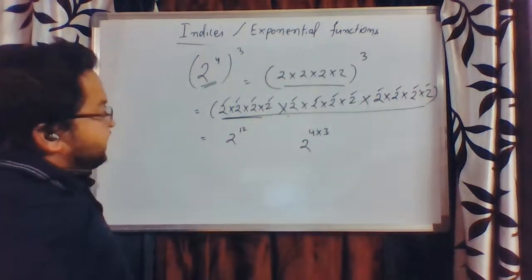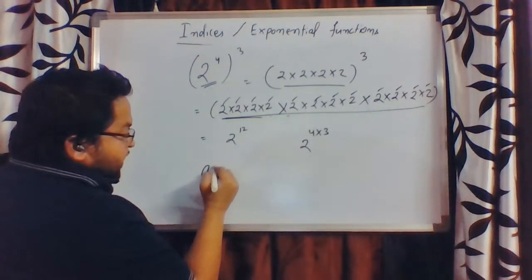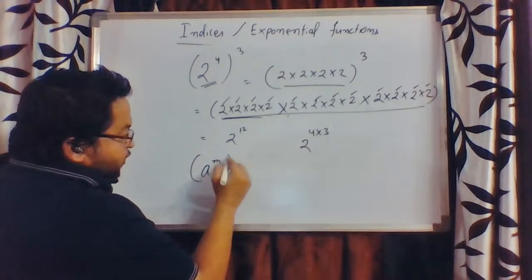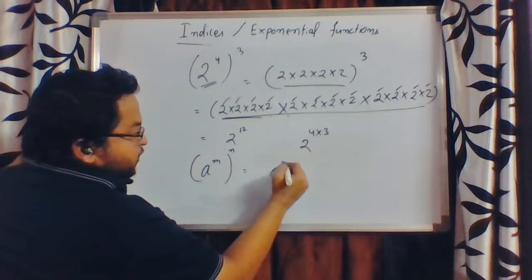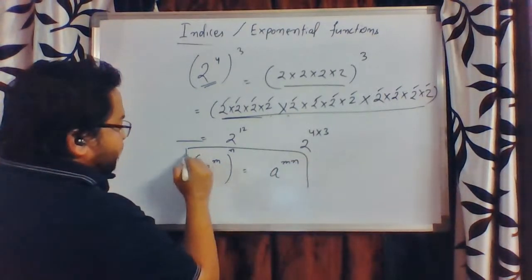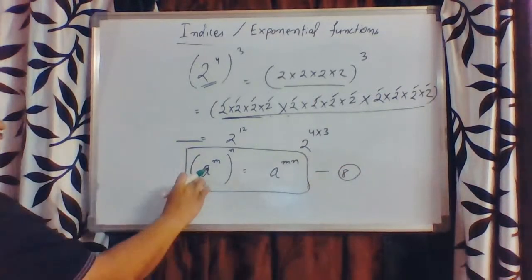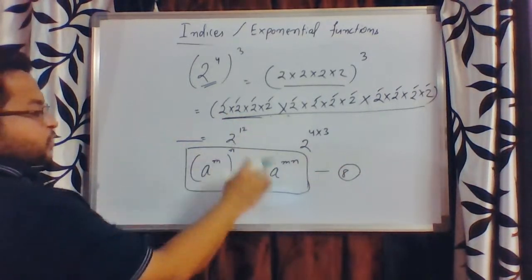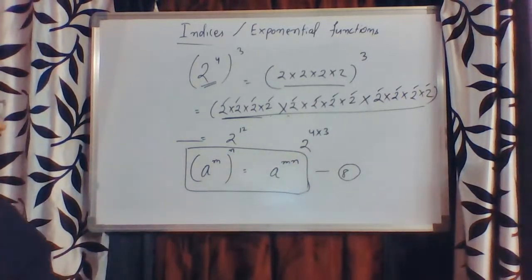This can be written as the next law, that is a to the power m whole to the power n is nothing but a to the power m into n. You can write it as your rule number 8: a to the power m to the power n is nothing but a to the power mn.